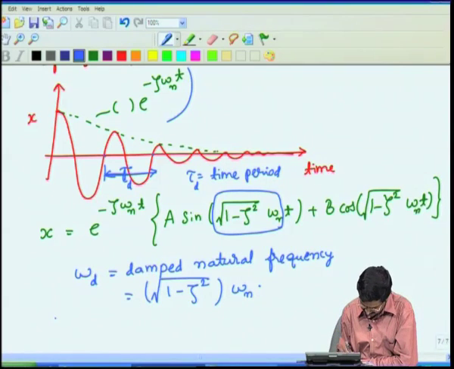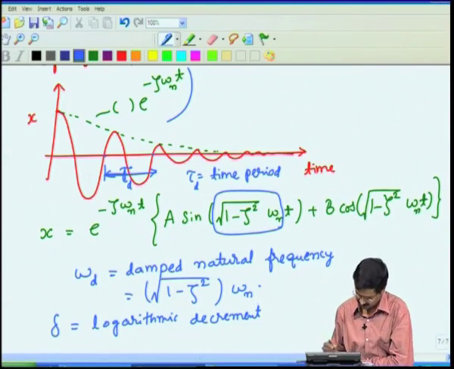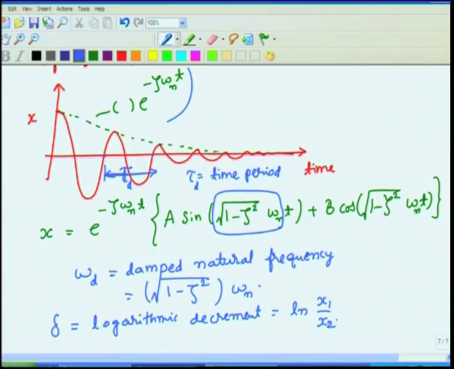For that there is a technique where we call it delta, which is the logarithmic decrement, because something that is going exponential has a logarithmic nature. Logarithmic decrement is simply the natural logarithm of x1 and x2, that is x at 2 instants. I take x there and x here, take the ratio of these two, and take the logarithm.